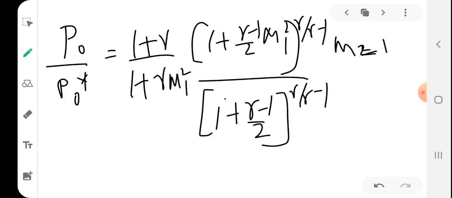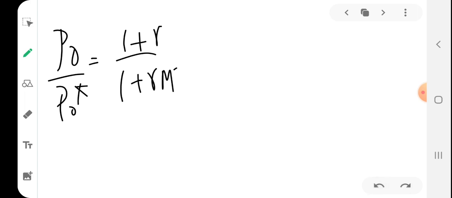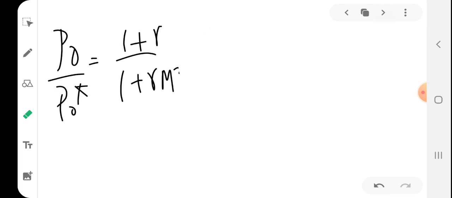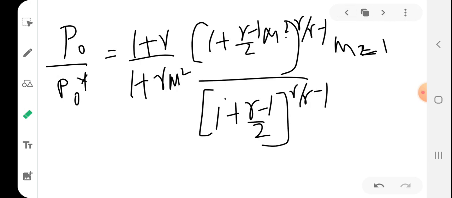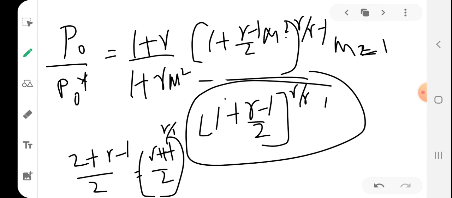You can do one thing. P0 by P0 star will become (1 + gamma)/(1 + gamma M^2), with M square as it is, since we make it M. The denominator term will become 1 plus (gamma - 1)/2, that means (gamma + 1)/2, whole raised to gamma by gamma minus 1.